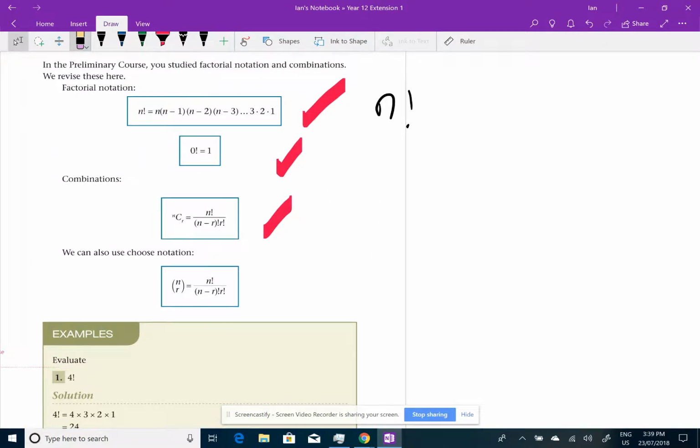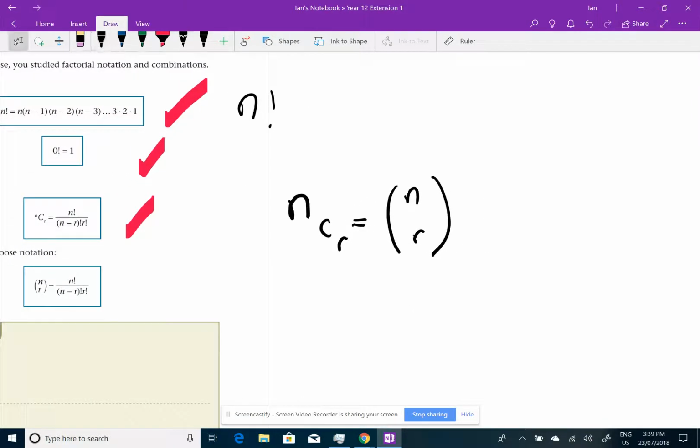And combinations, the definition is there. But what I think you should write in your notes is that nCr can be written in this way, n over r in double brackets or parentheses, and that means n factorial over (n minus r) factorial times r factorial.